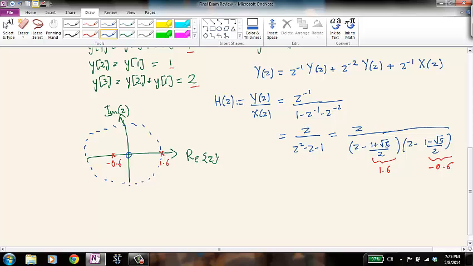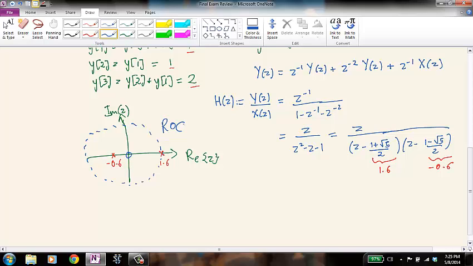Yeah, it's hard to draw circles here, but what do the numbers 1.6 and minus 0.6 tell you? So roughly it means that the rabbit population can be described as a sum of two exponential terms.